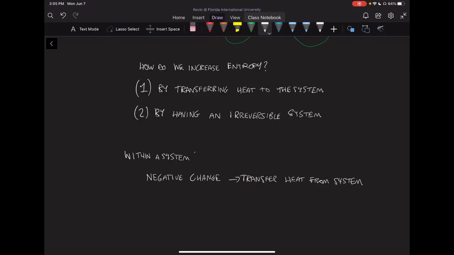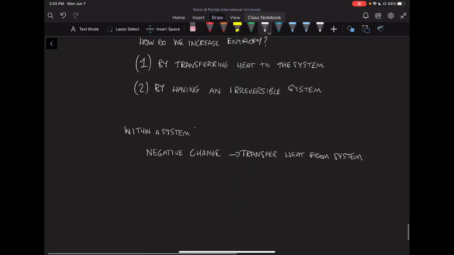Now, entropy overall, if you take the whole system of Earth as a whole, or any system that is big enough, if you take a big system, then the entropy overall always increases. And the reason why the entropy always increases is if we assume that a system is adiabatic.